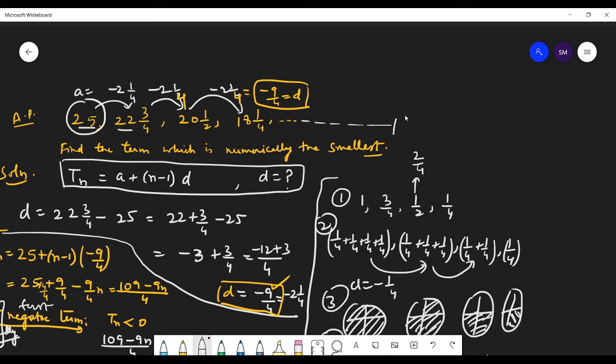So somewhere here we get the first negative term, and this is T13. So what will be the positive term before it? T12. And in between them is 0, right? So out of these two values only, I will have the numerically smallest value. Got the question?